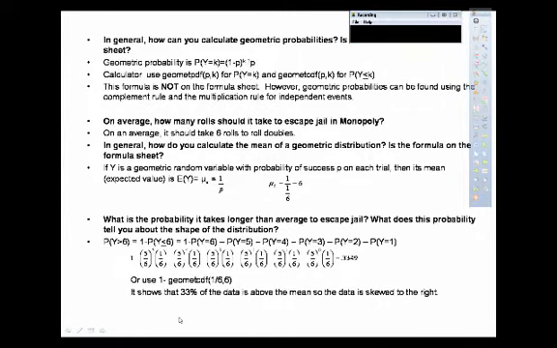It shows that 33% of the data is above the mean. So that means that our mean has been pulled towards the right, so it's skewed to the right.